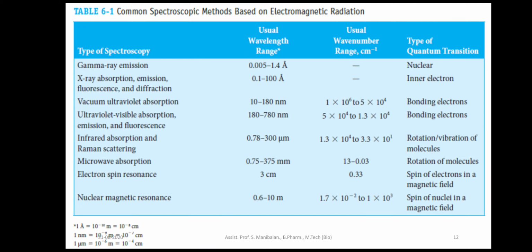And when we come to vacuum UV absorption or ultraviolet-visible absorption, what happens? Bonding electrons. You should note that if the energy is higher, it can affect any electrons, even those nearby the nucleus. But with UV and visible, you can see that it is the bonding electrons, which means valence shell electrons. So when we are using UV absorption spectroscopy, which means 200 to 800 nanometers, it affects the bonding electrons, which get excited from the ground state to the excited state.